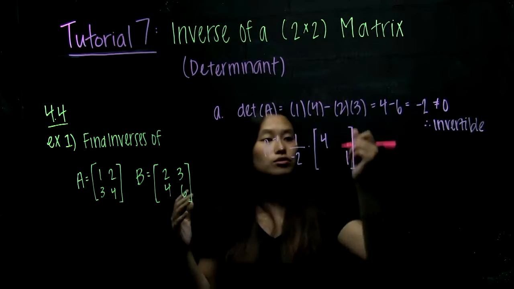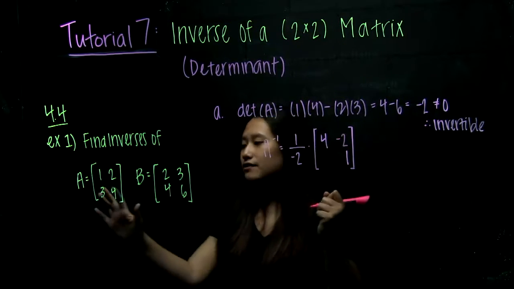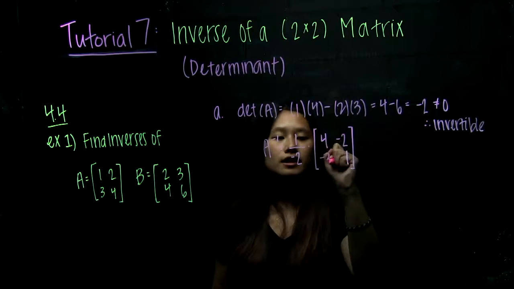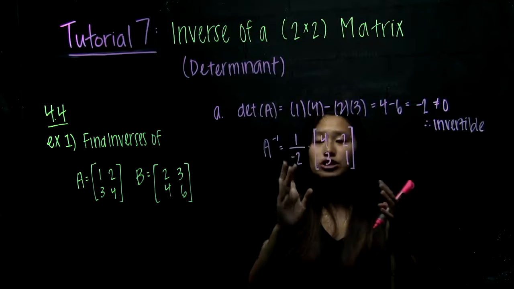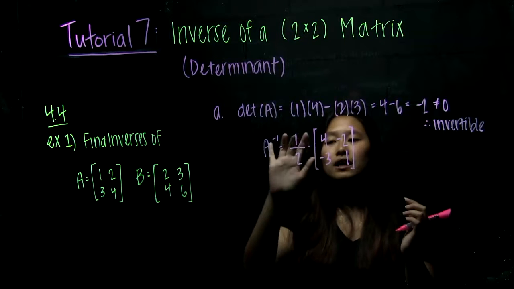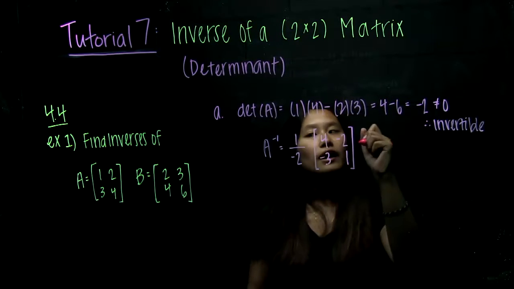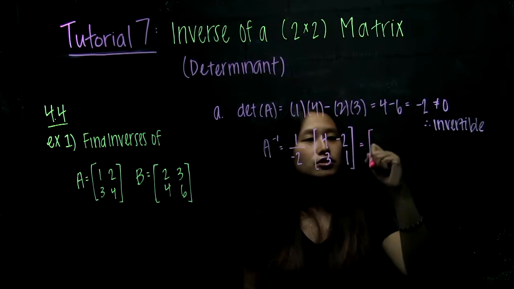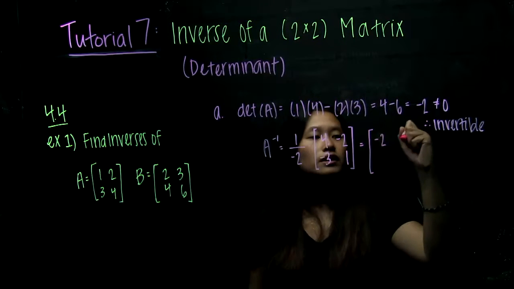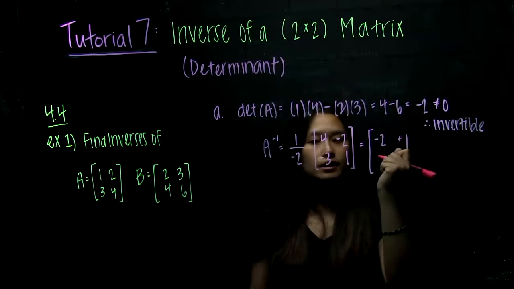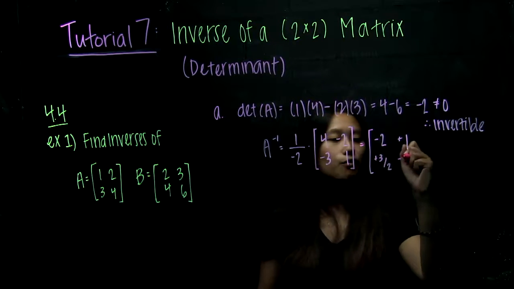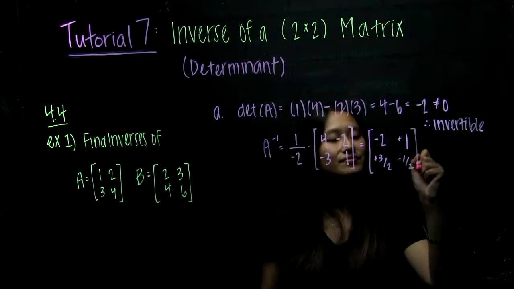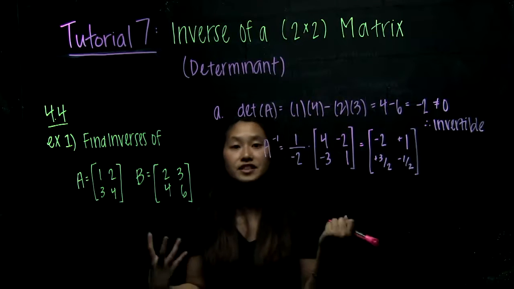So instead of 2, it'll be negative 2, and instead of 3, it'll be negative 3. We can solve for it by multiplying each of these values by 1 over negative 2. So that means that our inverse is equal to negative 2, positive 1, positive 3 halves, and negative 1 half. And that is the inverse of A.